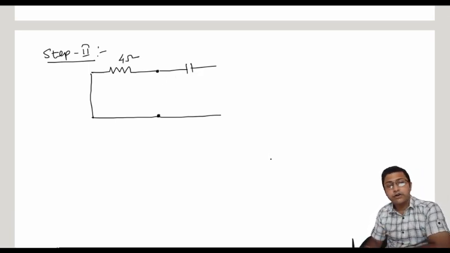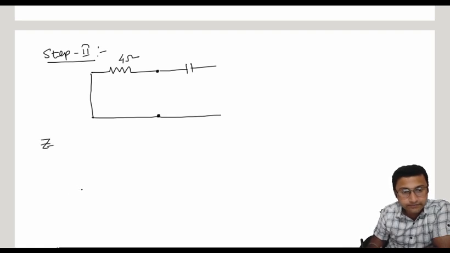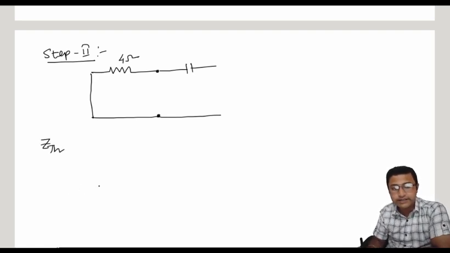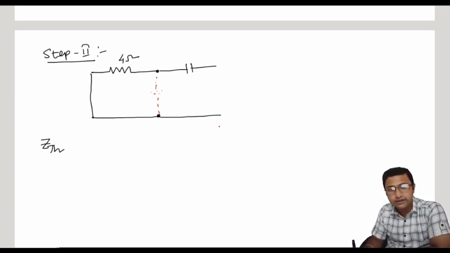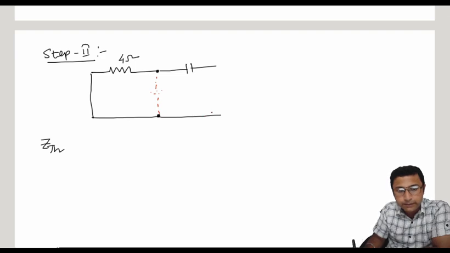Now I want to calculate the ZTH. To find the ZTH, consider a fictitious voltage source across this open circuited terminal. The current flows from the supply voltage towards the 4 ohm resistance.